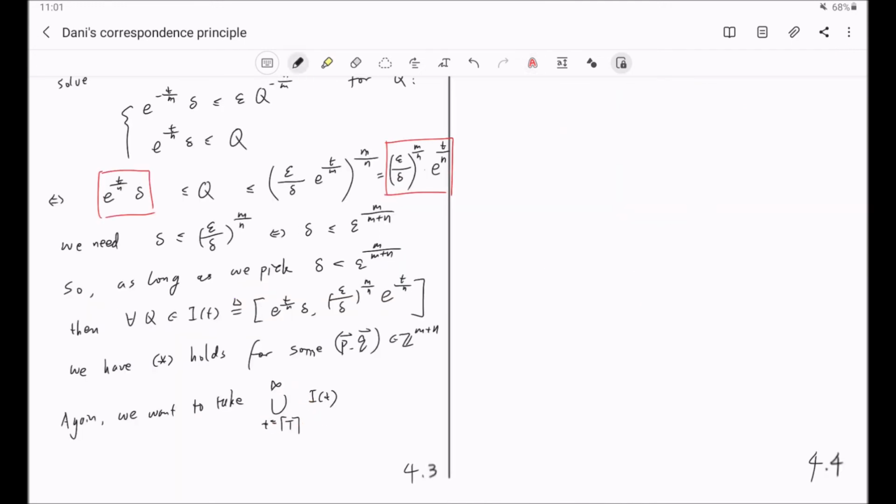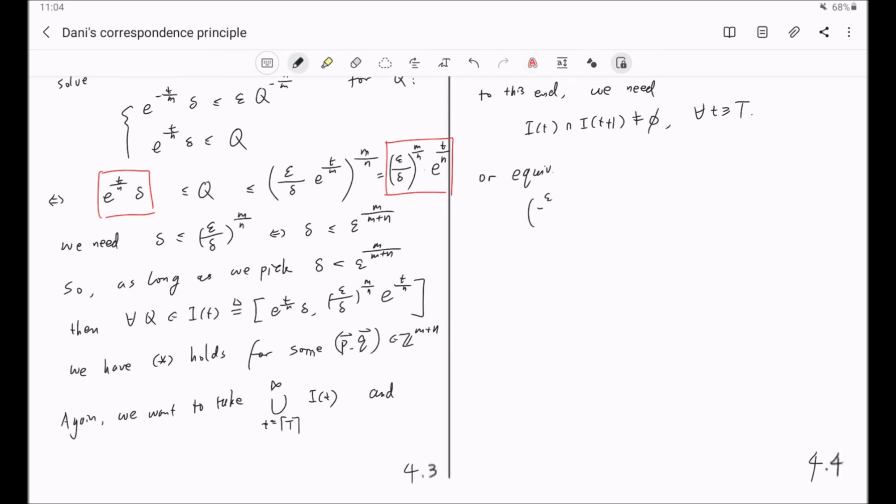And to this end, we need that I of t intersection I of t plus 1 is non-empty for any t greater or equal to capital T. Or equivalently, as before, the right end of the interval I of t is supposed to be greater or equal to the left end of the interval I of t plus 1.